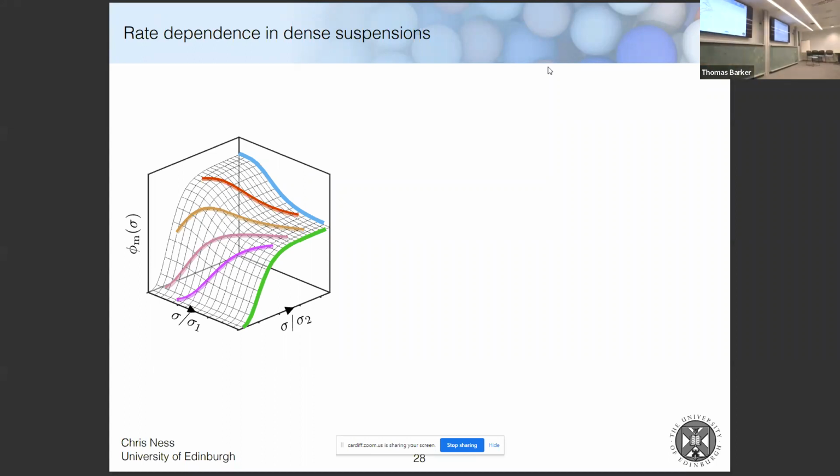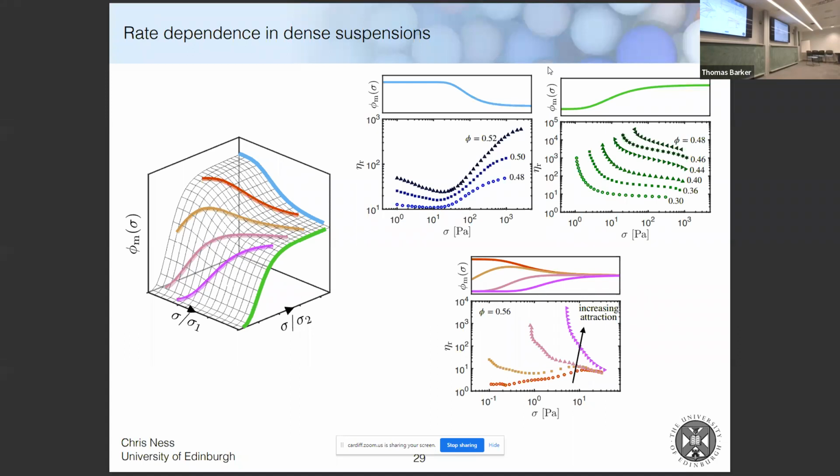And you can go back to the literature and find examples of rheology from experiments that fit into this picture in all three categories. So here's a typical shear thickening suspension, which maps back to the blue line, a shear thinning adhesive suspension, which maps back to the green one.